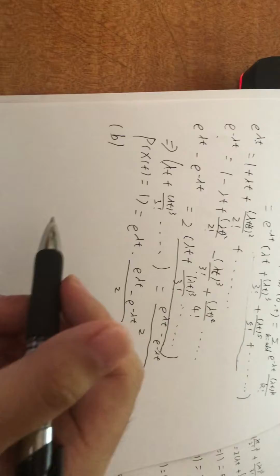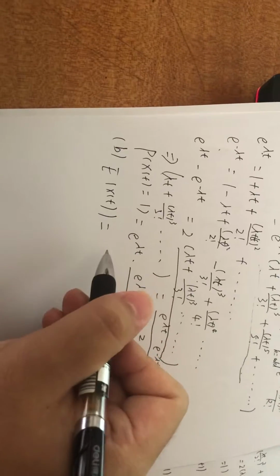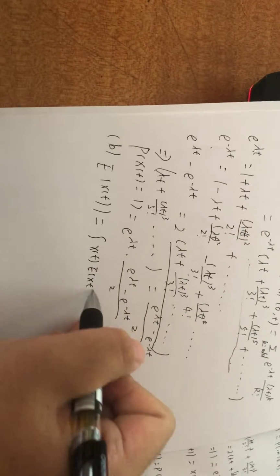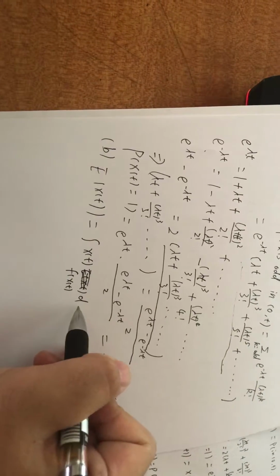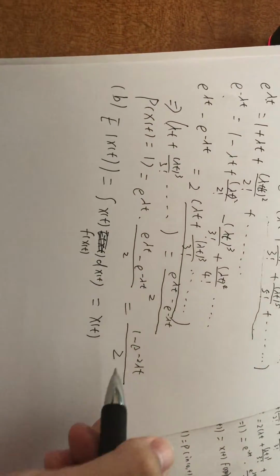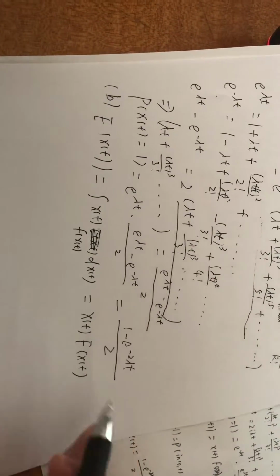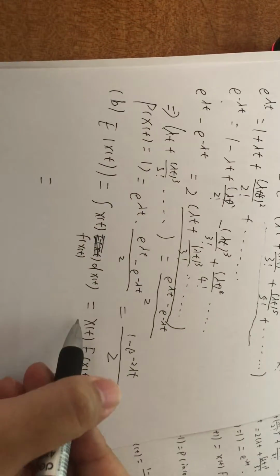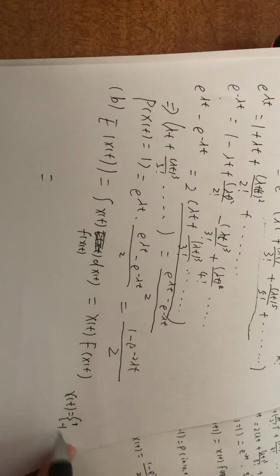And for the second question, we need to find the expectation of X(t). According to the previous function, we have the integral of x times f(x) dx, and we can transfer this to the sum of x times the probability, and we have two situations because X(t) is either 1 or -1.